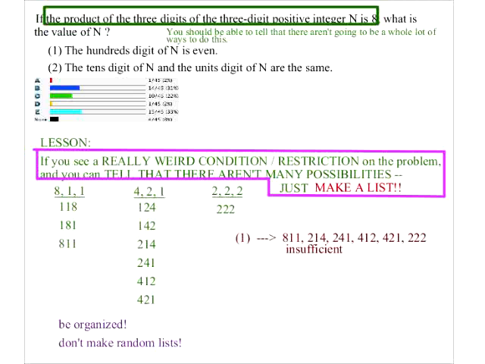And then statement 2 allows only 811 and 222. Unfortunately, that's still insufficient because there are 2 possibilities. But if you throw them together, guess what? They still both work, so still insufficient. So E, like elephant.